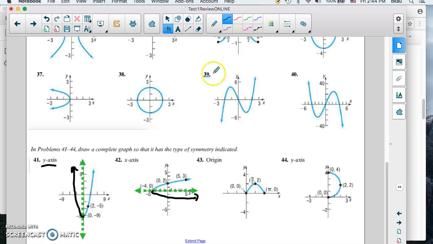Alright, origin symmetry means that we're going to rotate it, so this one's going to come around and rotate so that it looks like this. So this point goes there, this point rotates to here, this point rotates to there. Origin symmetry again on this one, so it's going to rotate around and look like a circle when done. So that's how we rotate on symmetry based upon what they gave us.